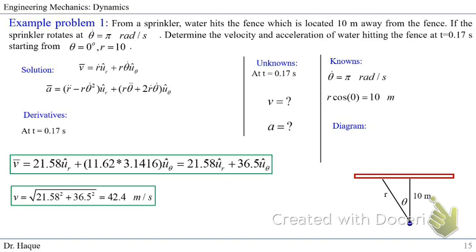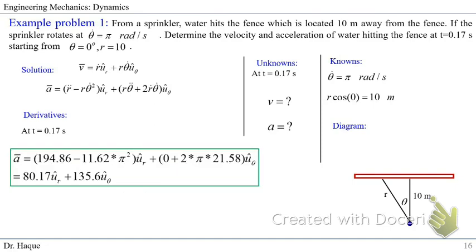So this is the direction of the velocity, and for acceleration it will be almost the same. Once we plug those values, we get the total velocity. Now let's move to the acceleration. Again, the same way, you plug in those values of r double dot, r theta dot whole squared, and for theta double dot, which is 0, that gives you 0, and the remaining part gives me this.